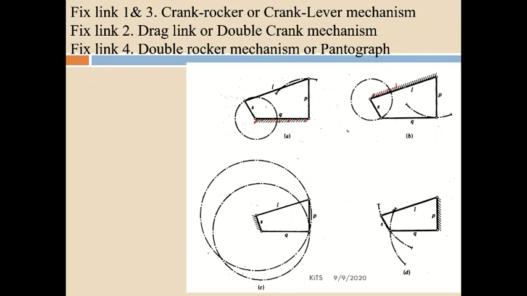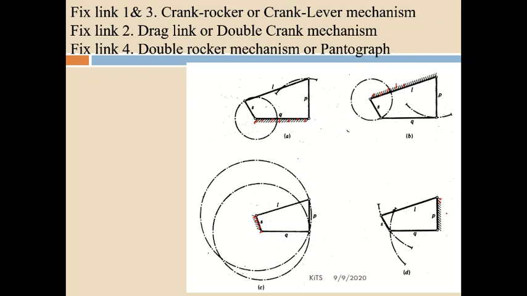So case B is the inversion of case A. Look at case C. In case C, link S is fixed, so this is also an inversion of case A. Look at case D. Here also they have fixed a different link, P, so this is also an inversion of case A. This is how we get different kinds of mechanism.